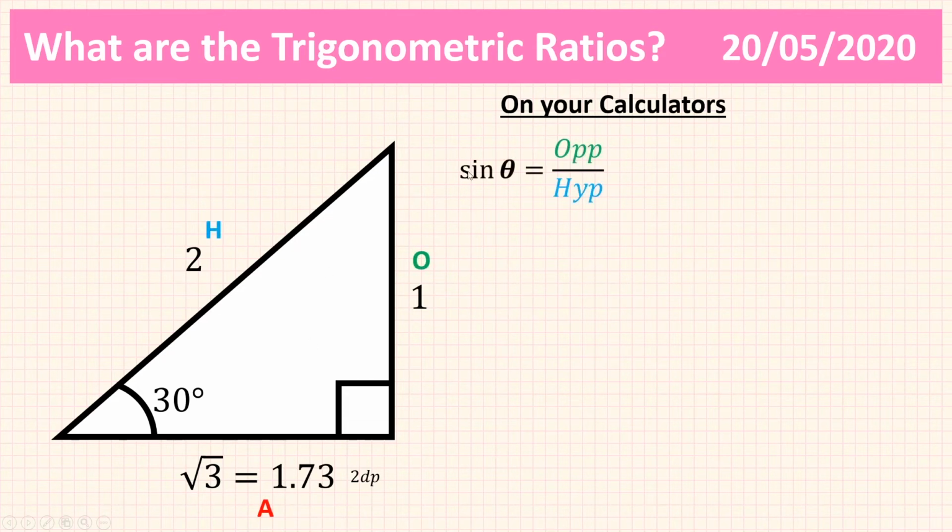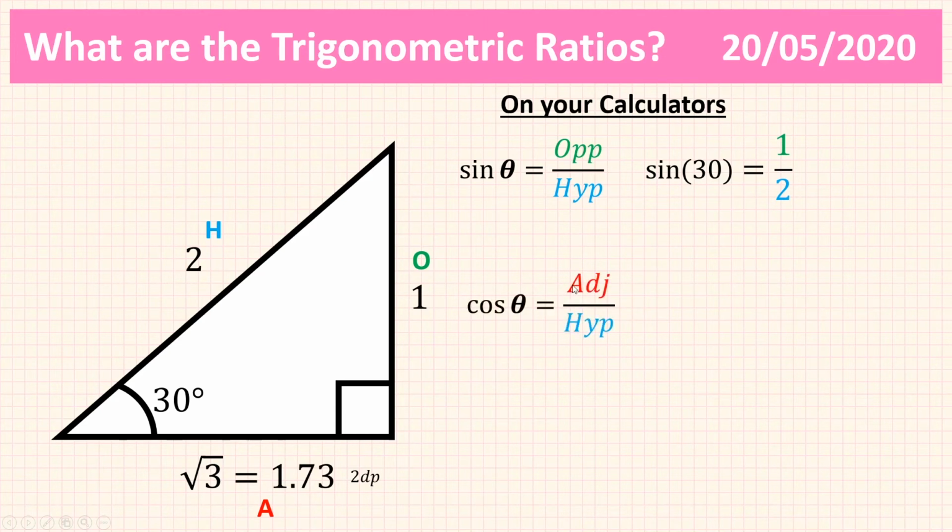I know that sine of an angle is equal to the opposite divided by the hypotenuse. So if you look at my diagram here, if I do 1 divided by 2, I get a half. And on my calculator, if I write in sine of 30, which is my angle, I will also get a half. Sine of 30 is equal to a half, which happens to be the opposite divided by the hypotenuse. That's the ratio.